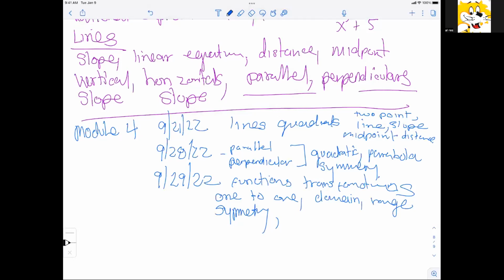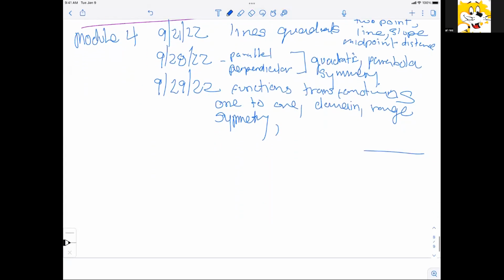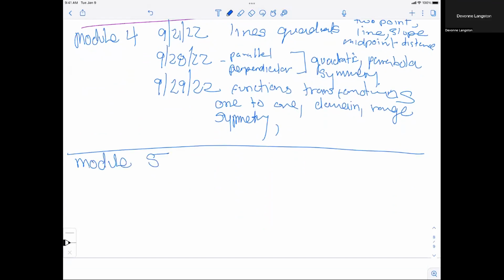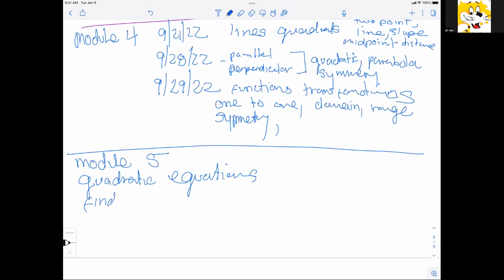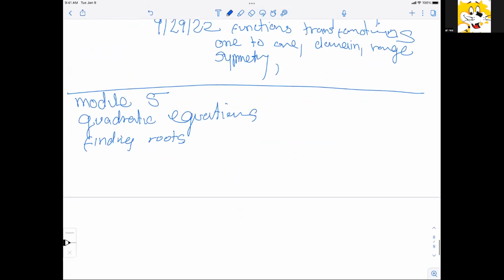Module 5. We did quadratic equations. And with these quadratic equations, I said, focus on finding roots. And I went over that on the video on 10.3. Hold on, module 6.